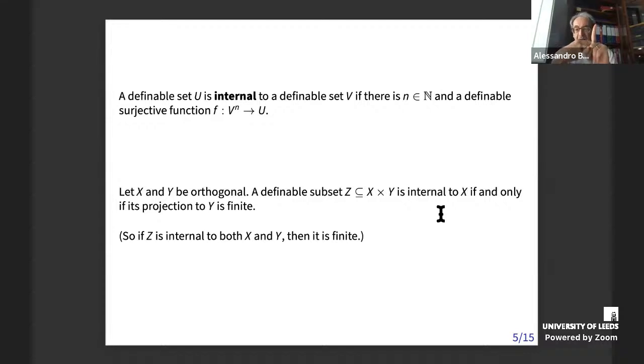To be internal to X means that you have finitely many horizontal lines, and internal to Y, you have finitely many vertical lines. Just because by orthogonality, this is the situation. So if something is internal to both sorts, then it must be finite.